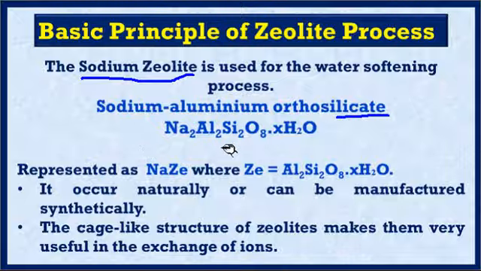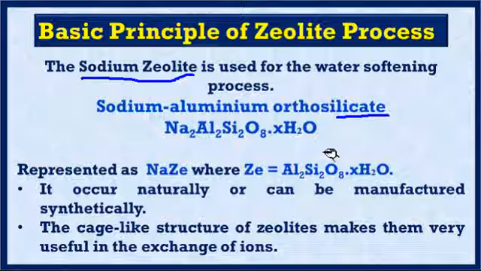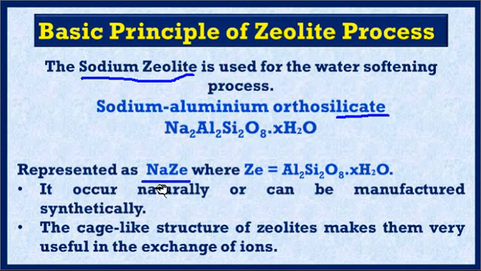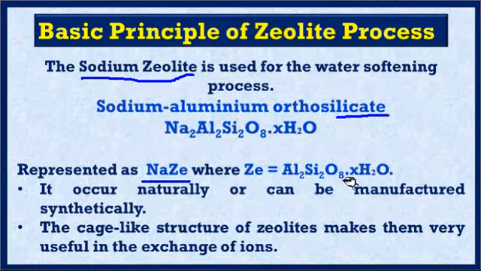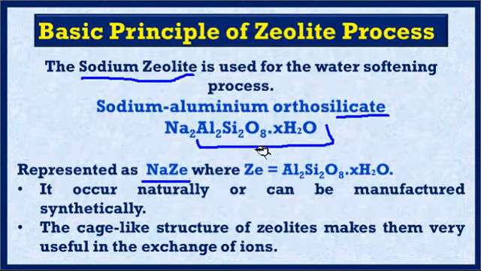It is commonly represented as NaZe, where Ze stands for Al2Si2O8XH2O. So this whole unit is represented by Ze, and it is associated with the sodium ions. So the representation of sodium zeolite is NaZe or Na2Ze.